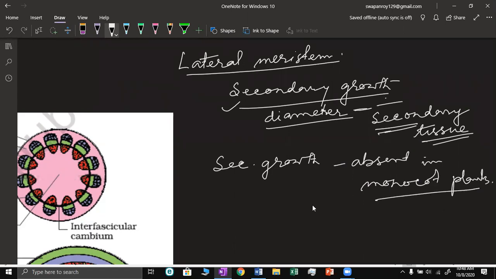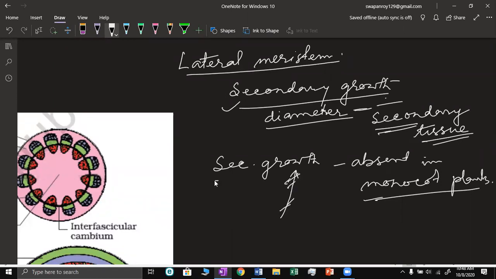In monocot plants, you can see that bamboo, coconut, and betel nut trees grow so tall, they are very big, but their girth or thickness is very little compared to dicotyledonous and gymnosperm trees.